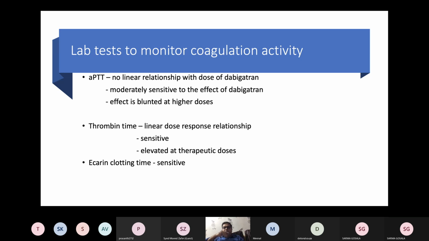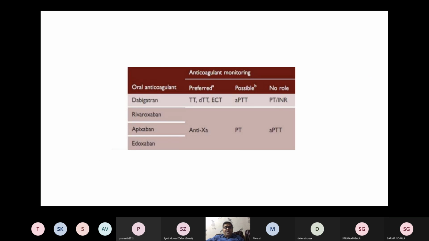Coming to thrombin time, this has a linear dose-response relationship with use of dabigatran. It's quite a sensitive marker, and it is elevated at therapeutic doses. If you combine all three, you can have a clear picture of the activity of dabigatran. The ecarin clotting time is also a sensitive test you can do in patients on dabigatran.